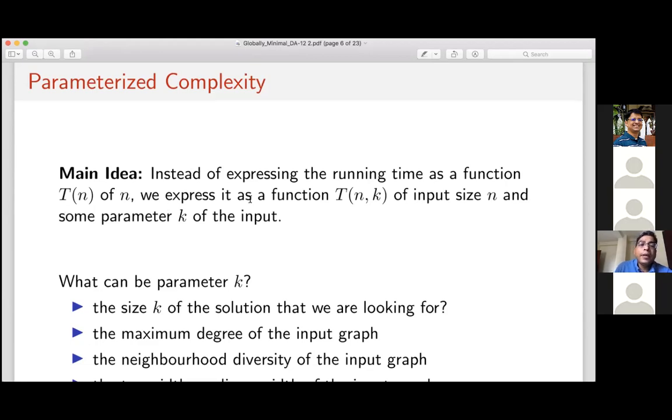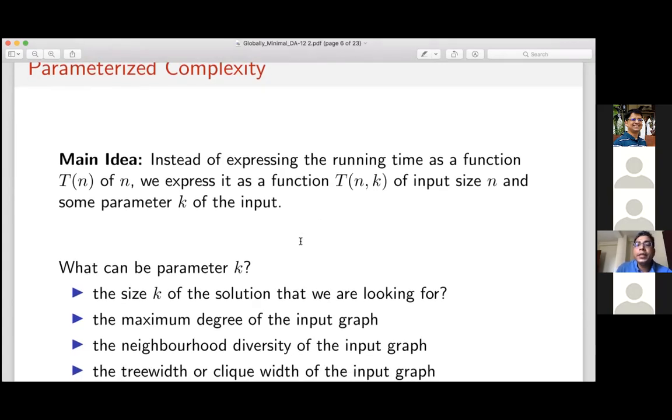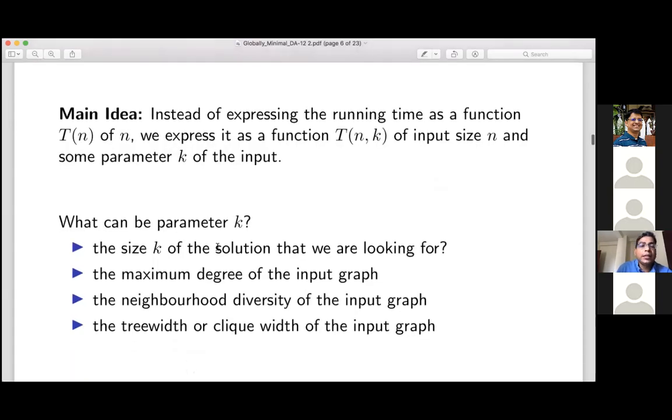But in parameterized complexity, we express this time complexity in terms of the input size n and the parameter k. So n is the input size and k is a parameter. There is no strict rule about what could be your parameter. You can choose your parameter to be anything. Here I list some of the options.